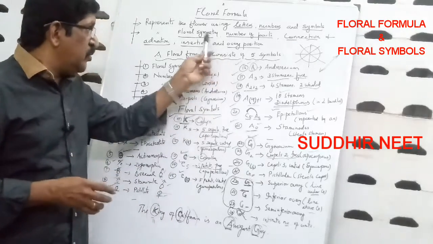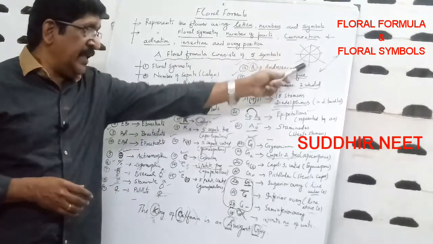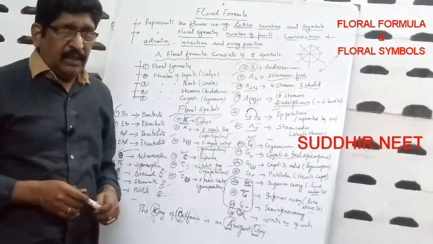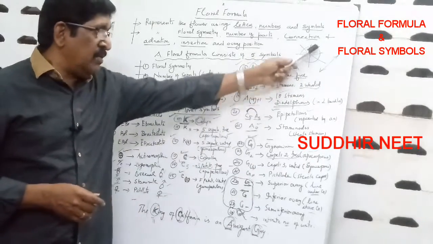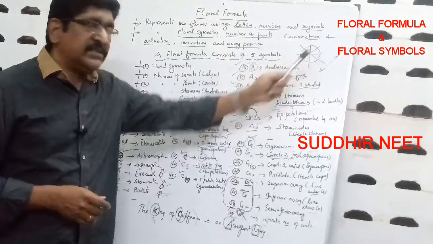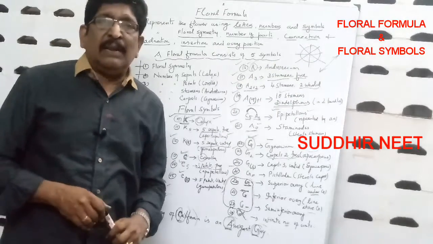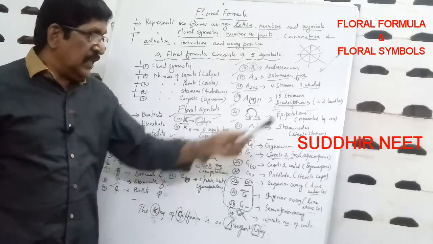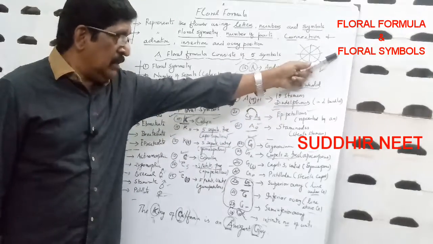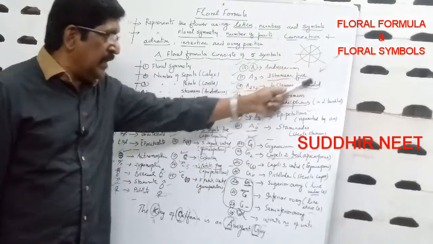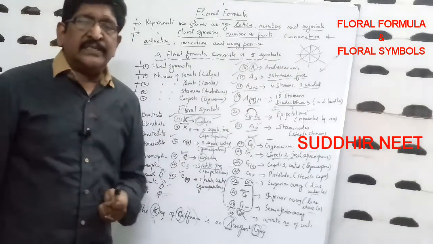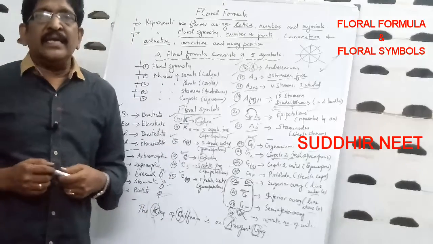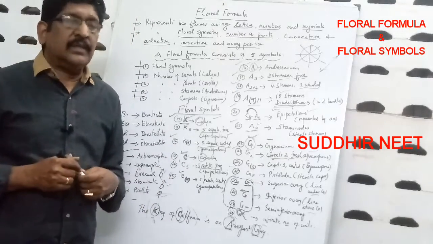The symmetry is of two types, radial symmetry and bilateral symmetry. If a flower gives two equal halves along any radius, that is radial symmetry, represented by the word actinomorphic. If the flower gives two equal halves in only one axis, that is called bilateral symmetry, represented by zygomorphic.